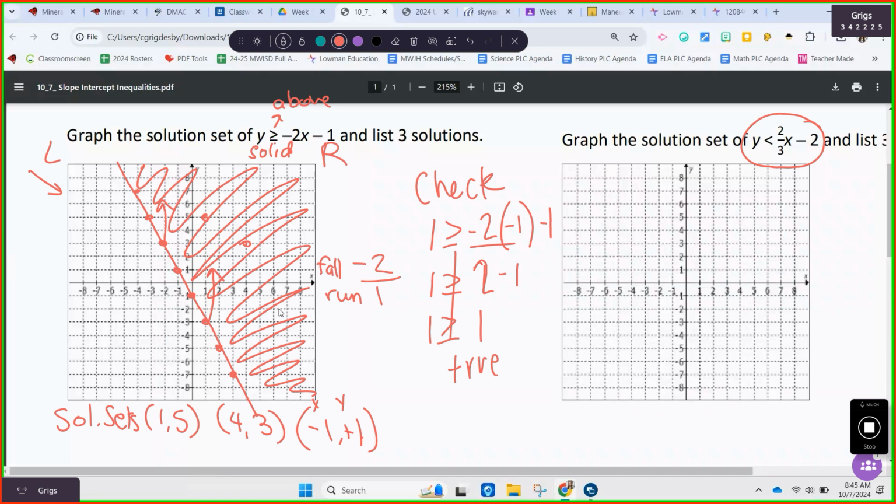Dotted line, right? Yeah. Push it below. Did you annotate your inequality? So we shade below.